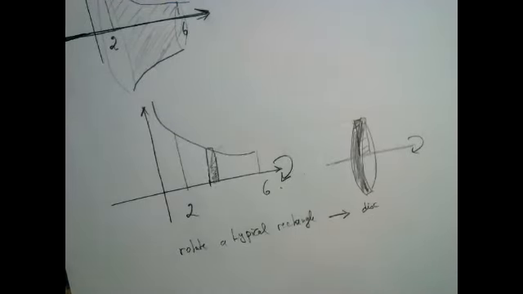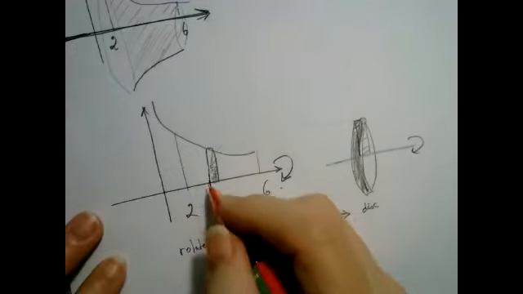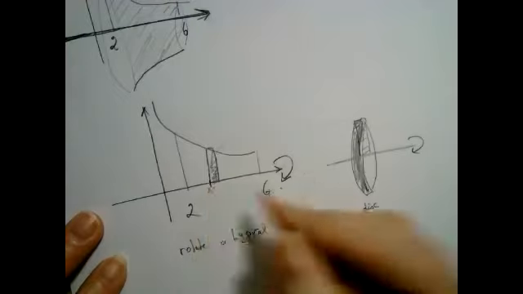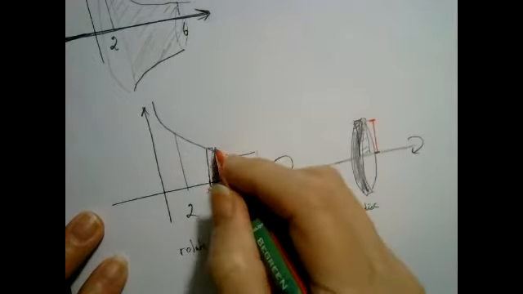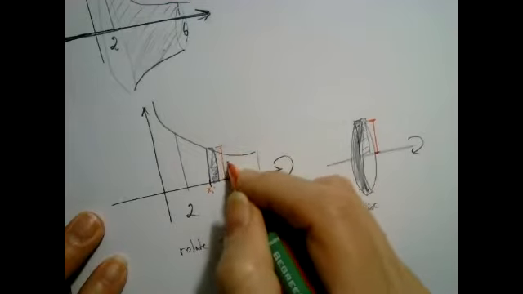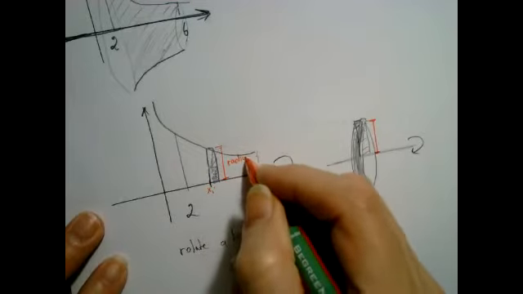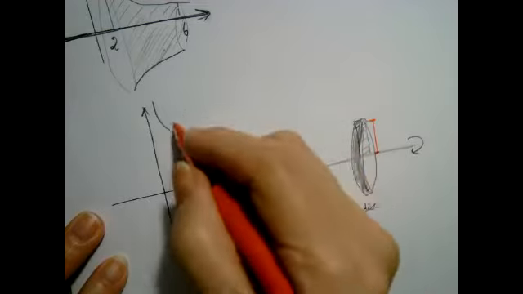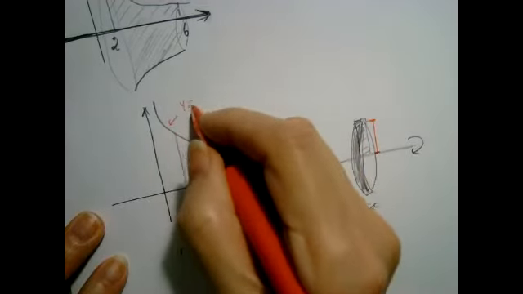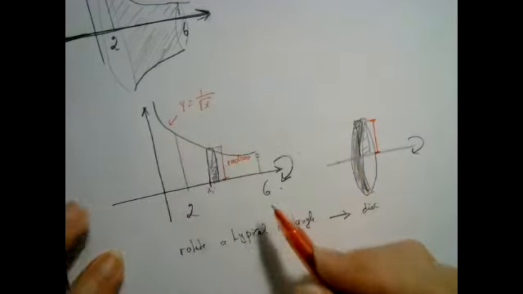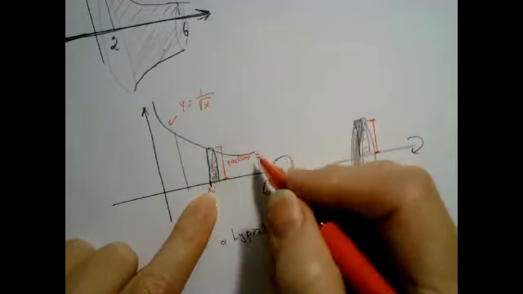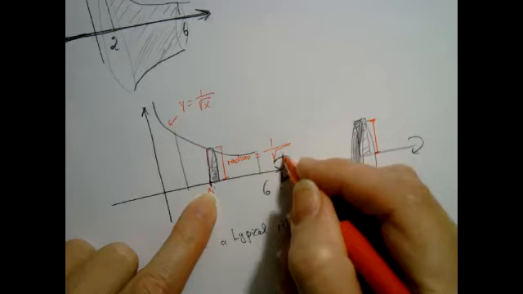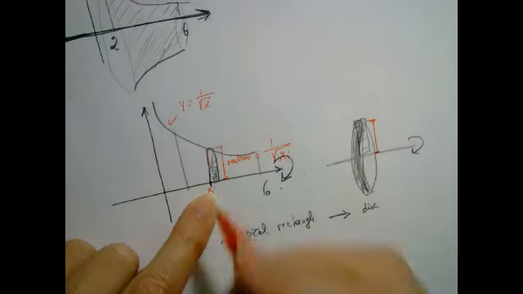So for a disk, to be able to find the volume of a typical disk, I need the radius and I need the thickness. So if I call this my xi, we know the radius is from here to here. That's going to be the radius of my disk, which is the function y equals 1 over square root of x. Means if I call this xi, from here to here, I have 1 over the square root of xi. That's the radius.